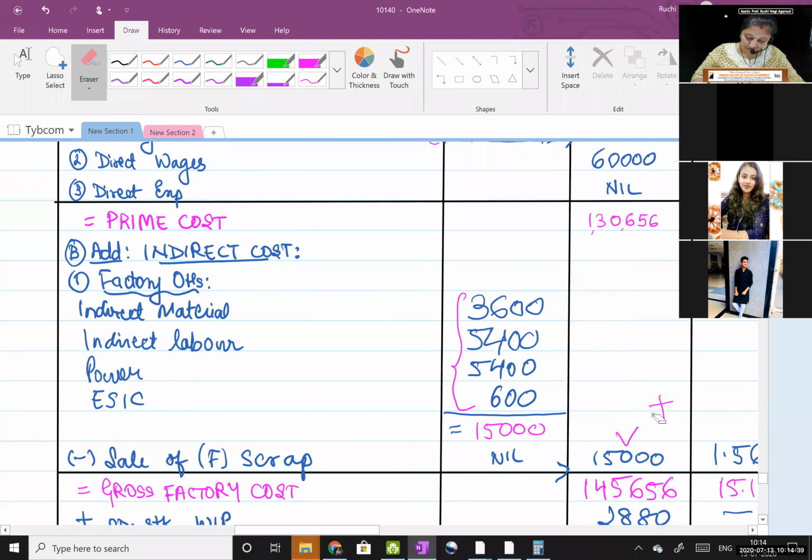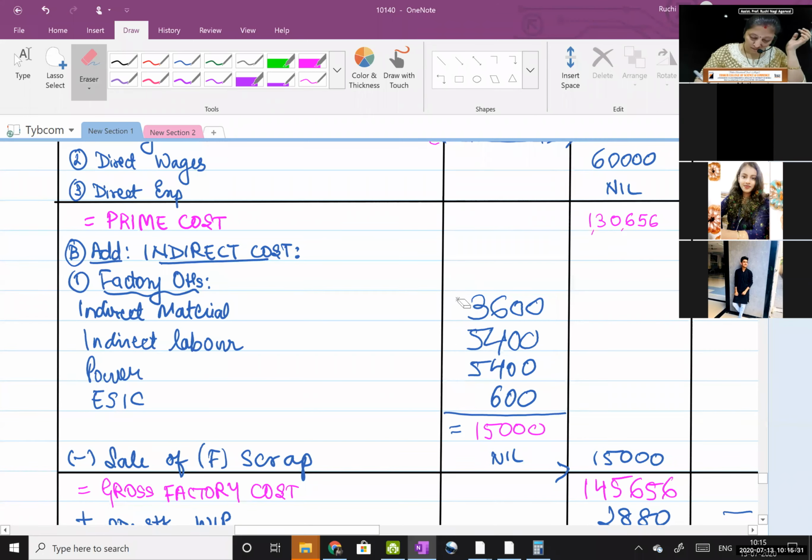We can use the abbreviation ESIC short form. Then total you will get gross factory overheads. Total this from here till here. 3,600 plus 5,400 plus 5,400 plus 600. So the answer is 15,000.